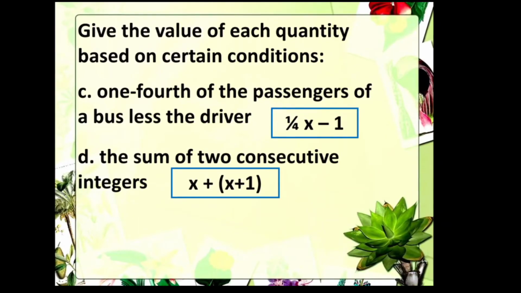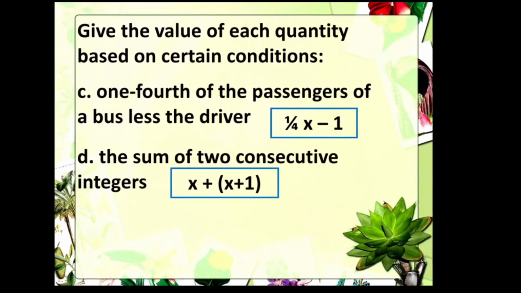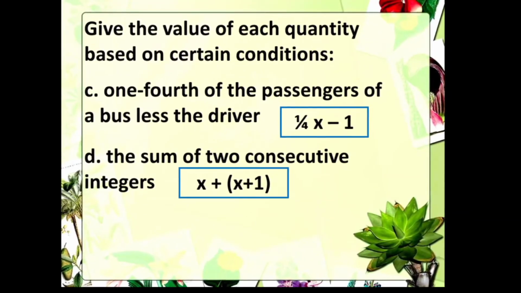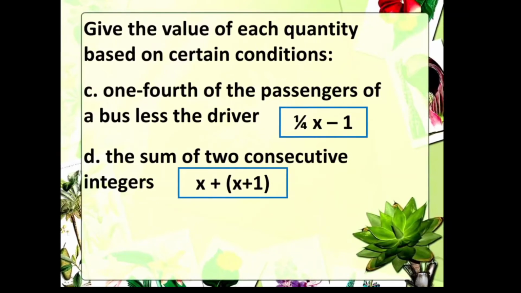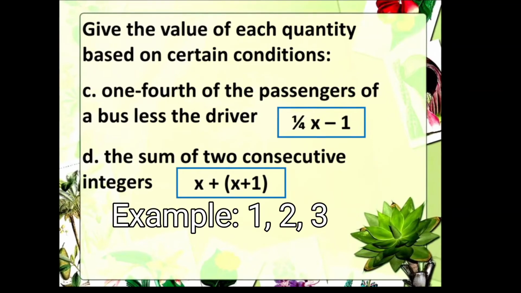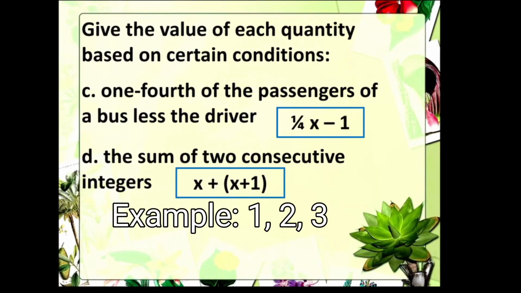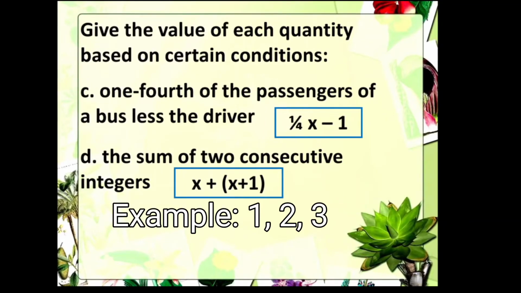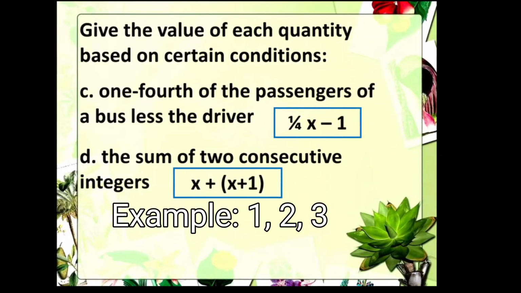How about if the question is the sum of three consecutive integers? That is three successive integers. For example, I have 1, 2, and 3. That is three successive integers. So my first number is 1, then to obtain the second number, I have to add 1.